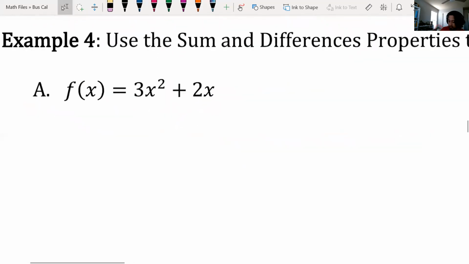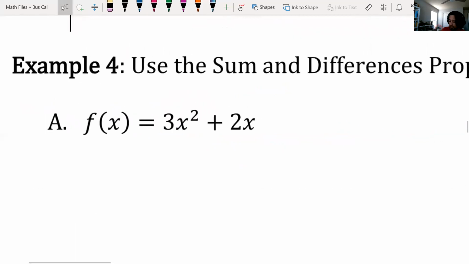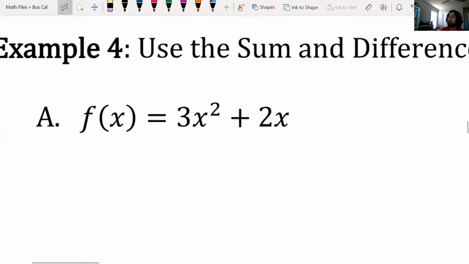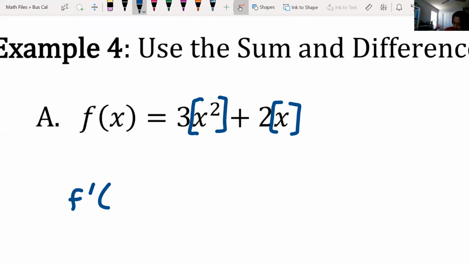All right. So A, f of x equals 3x squared plus 2x. So if we use that constant multiple rule, I'll just use it again. We want to know what the derivative of x squared is and what the derivative of x is. So I'll say f prime of x, the derivative, that 3 will remain out front.